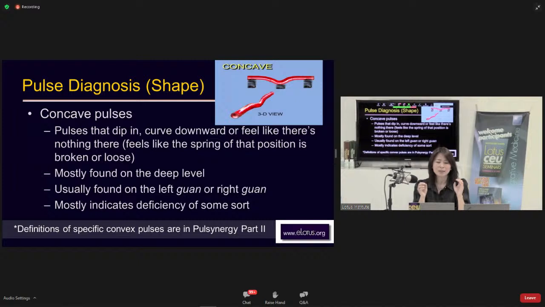So you're not likely to find a concave pulse in the Chun or the Ci position. In the Chun or the Ci position, he just calls it a weak pulse or small pulse. Small pulse is a thin and weak pulse. Thin is the shape, weak is the jump. So only when it's in the Guan position, he calls it a concave. So I guess technically you could also say that's just the weak pulse.